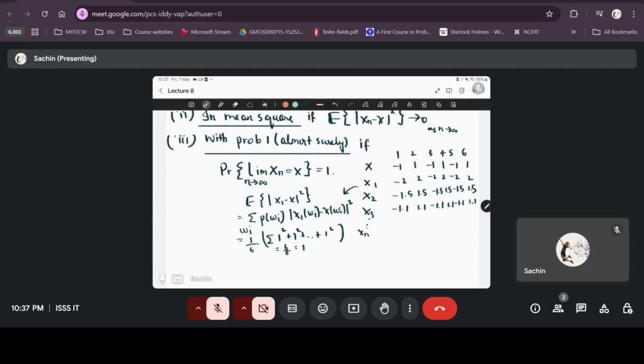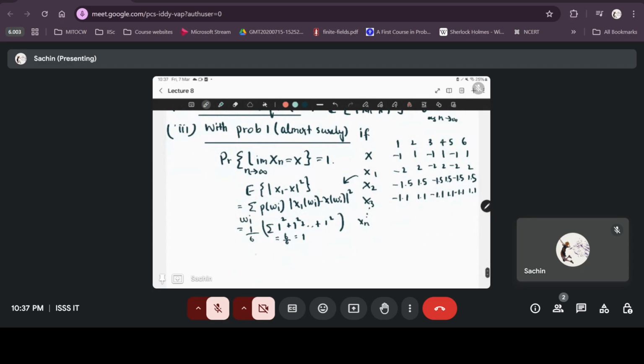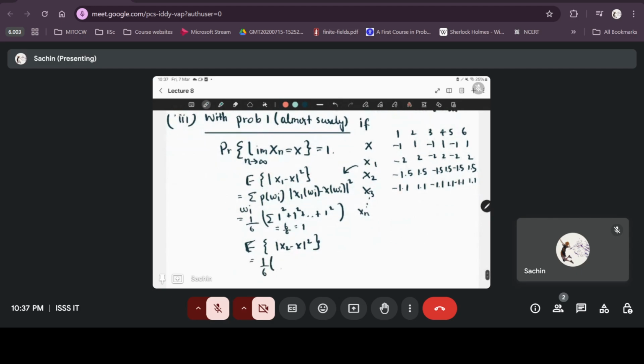Expected value for x2 minus x whole square would be 1 over 6, and the summation is minus 1.5 minus minus 1 is minus 0.5, whole square is 0.25. You have 6 terms, so it's 0.25.